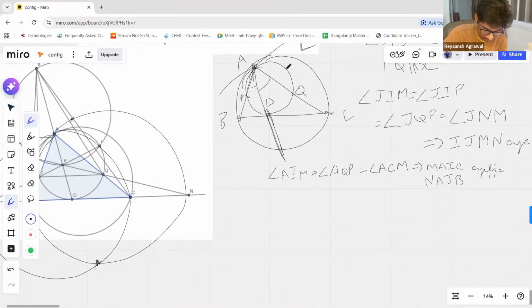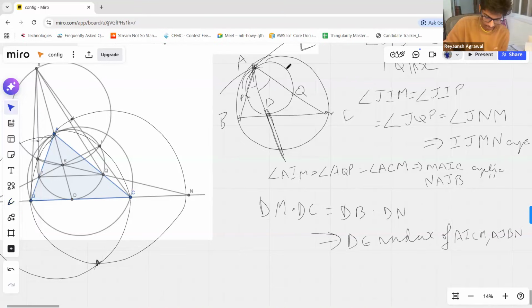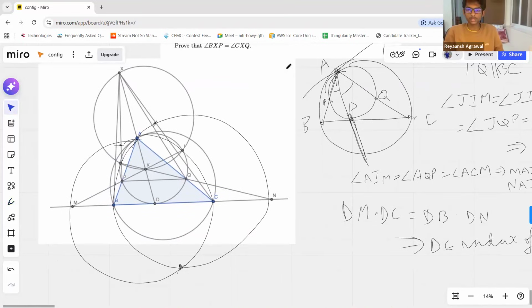So we get that DM into DC is equal to DB into DN, and therefore D also lies on the radical axis of AICM and AJBN. Okay. So now how can we prove that K lies on AD?